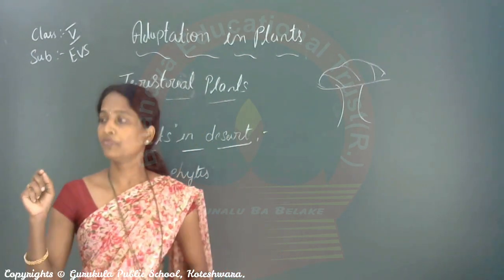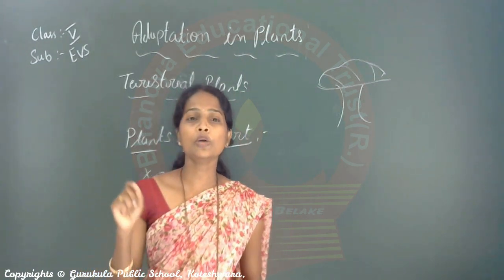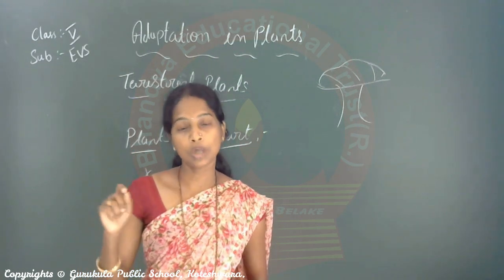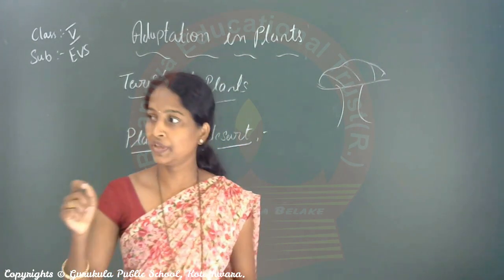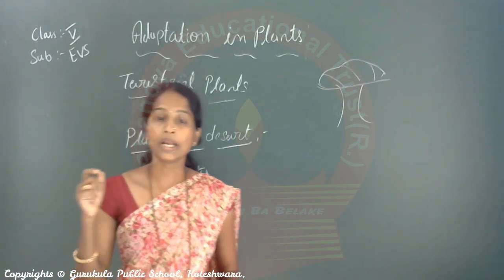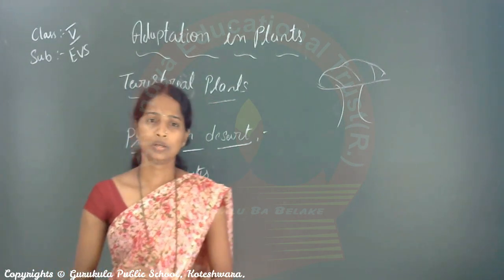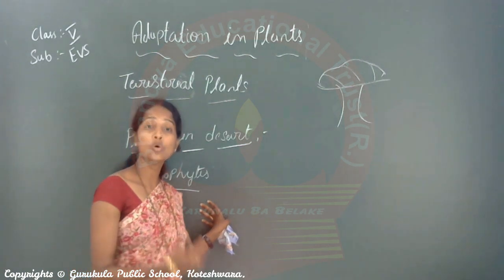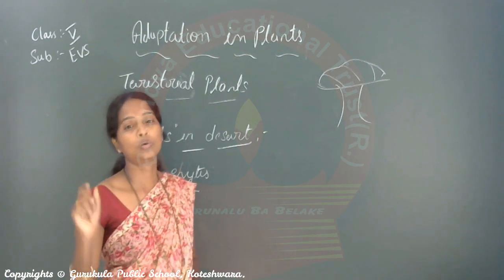The roots of the desert plants are able to absorb even small quantities of available water, because they need water but there is no water.